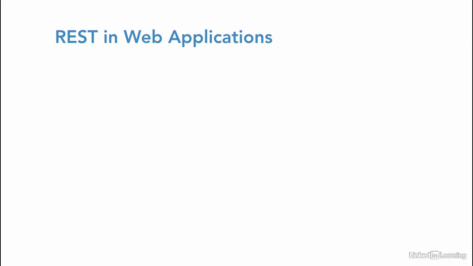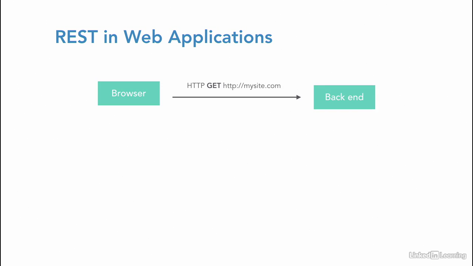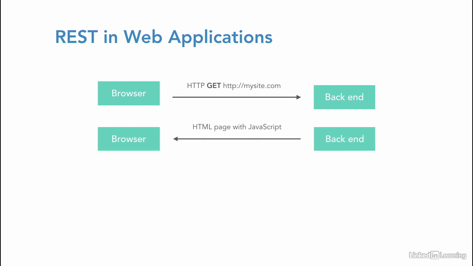REST is very commonly used when creating single-page applications. Simply put, the initial request returns an initial document. This document usually contains a lot of JavaScript, which is then used to actually render the HTML or the content into the page. All subsequent interactions with the website and the data behind it are done via so-called XHR, sometimes referred to as Ajax.